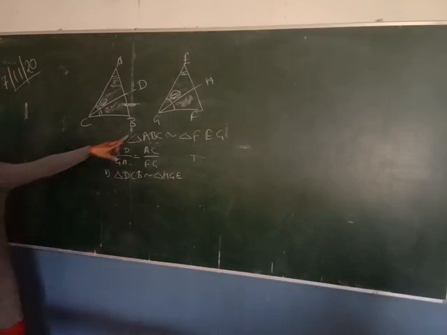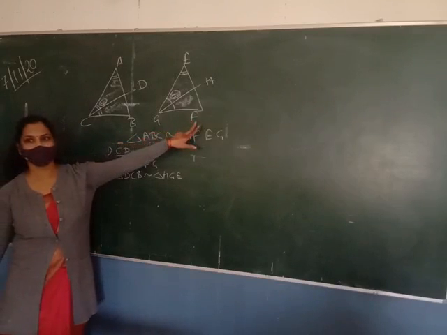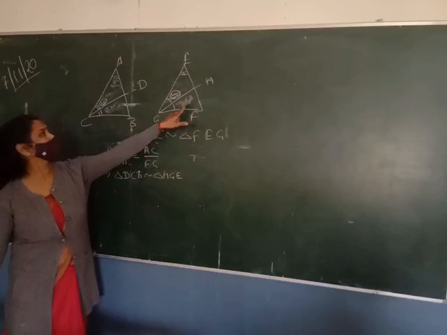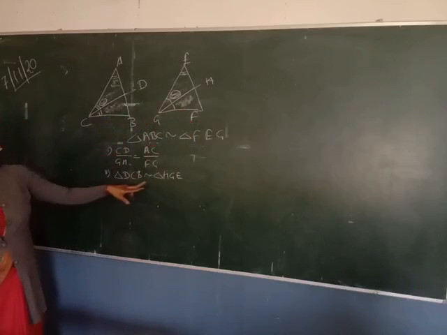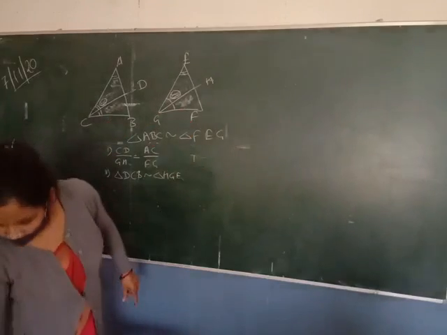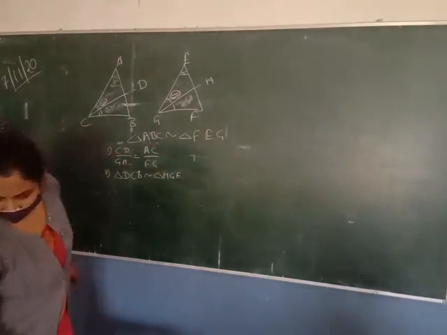ऊपर नहीं, आपको ये ट्रायंगल्स करने हैं नीचे वाले. अच्छा, मैंने शायद गलत लिख दिया. E ही है. DCB.